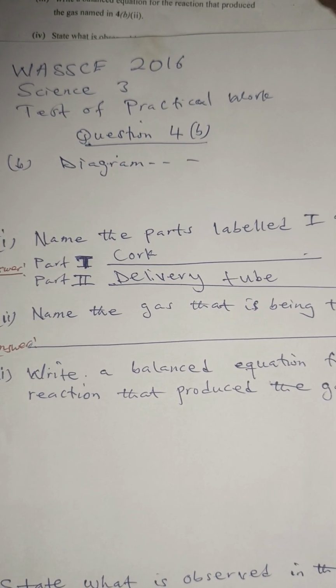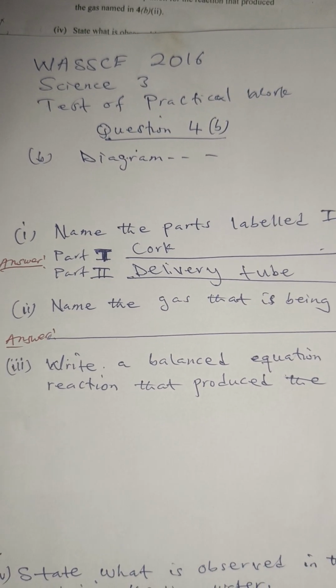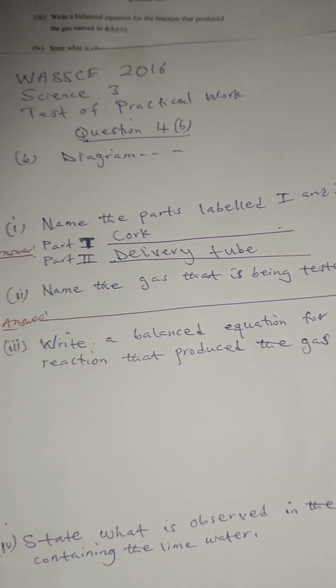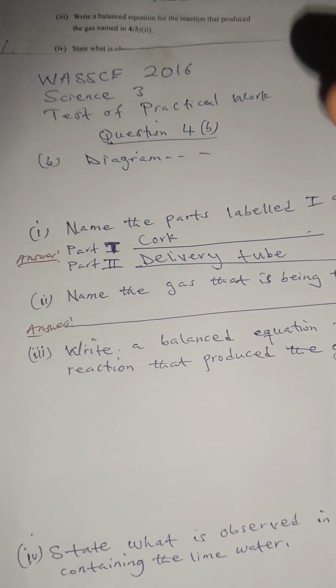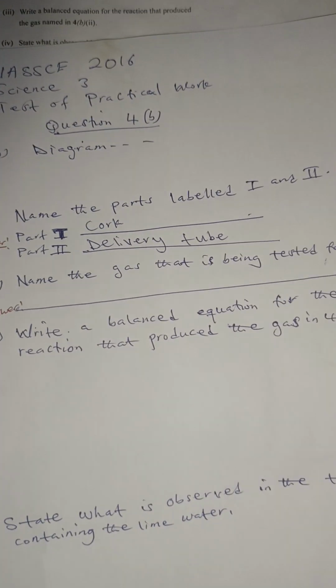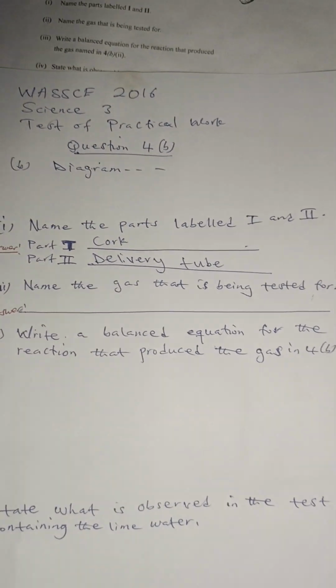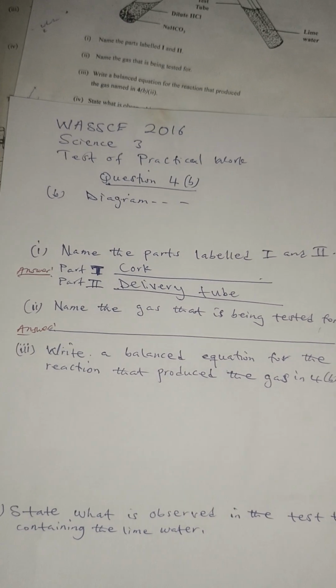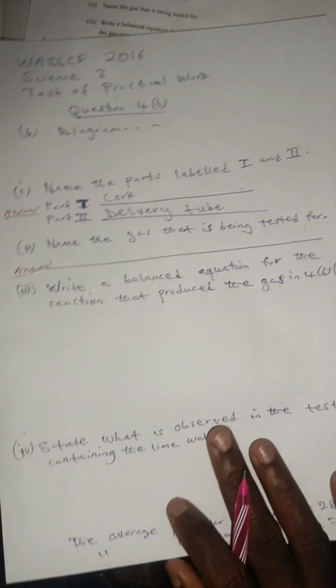So from this carbonate, metallic carbonate or bicarbonate mostly, you can react them with HCl to produce carbon dioxide. So from here, even without writing the chemical equation, we should know that the gas that will be prepared will be carbon dioxide.